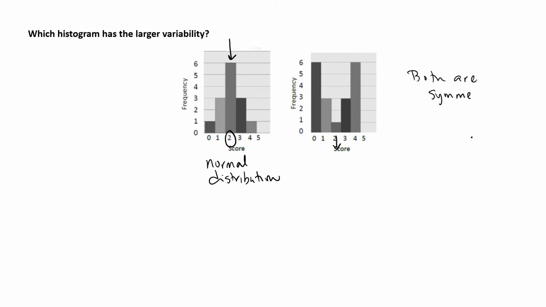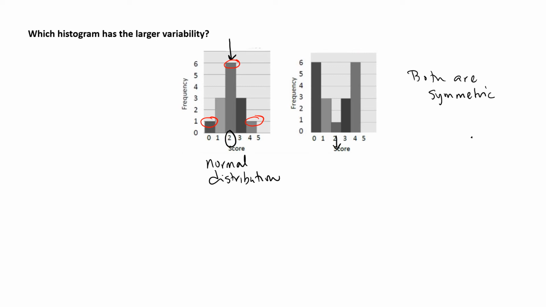So the question is, which one has more variability? In the first graph, most scores are 2, and there are only a couple that have a really high score or a really low score. So most of the scores are centered around the mean.